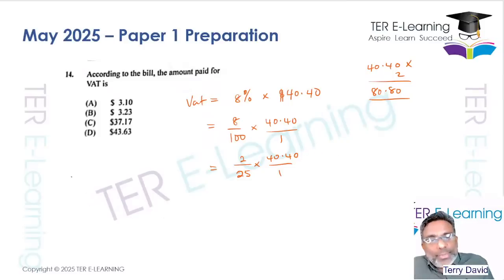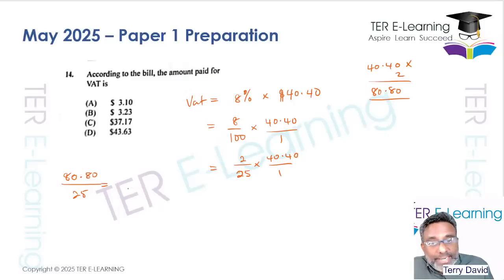So in this case, we have $80.80, and you're dividing that by 25. Now this here is a little tricky to simplify. So what we can do, we can start dividing. 25 can go into 80 3 times.